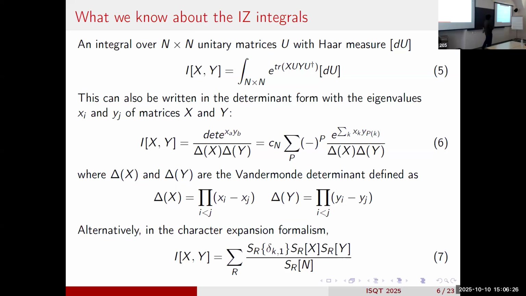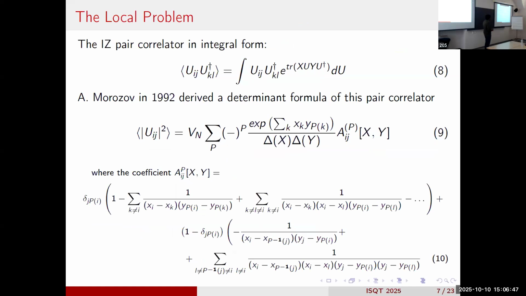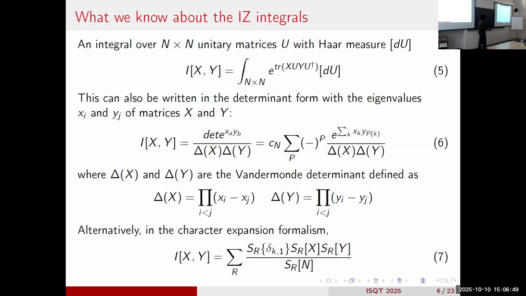If you think that N is a 2 by 2 matrix, you can easily calculate this integral and check that this formula is consistent with this one for the simple case. But if you go to N equal to 3, 4, 5, then it will be a bit harder. So our goal is to find this kind of formula for the correlation function.